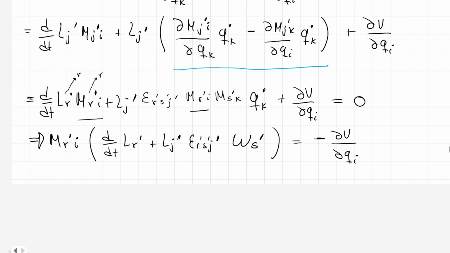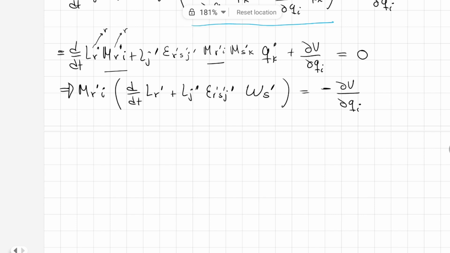And what we are going to do is take the elements that represent the inverse of that matrix M, and multiply on both sides of the equation by those elements of the inverse matrix, to be able to take this element to the other side of the equation. So that is what we are going to do on the next step.